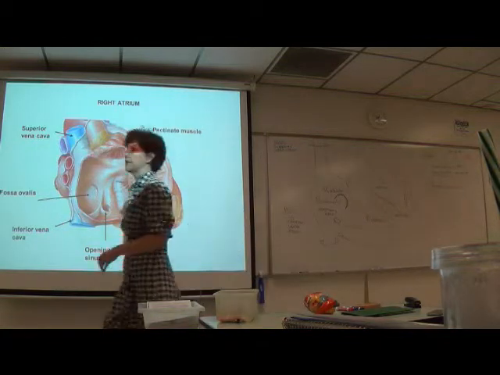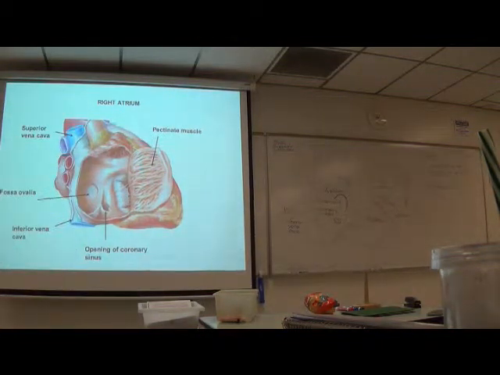Now we have some plasticized hearts. I'm going to pass around probably the best one. So here are the two atria up here. This is the interatrial septum, which is the wall between the two. So if you hold this up to the light, you'll see almost an oval or round area that's thinner that allows the light through more easily.